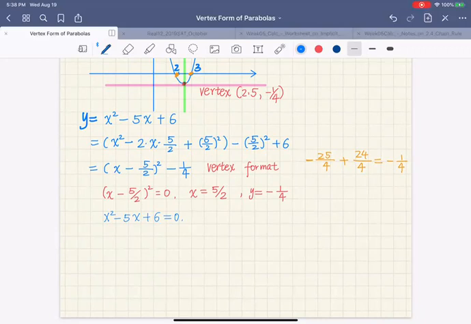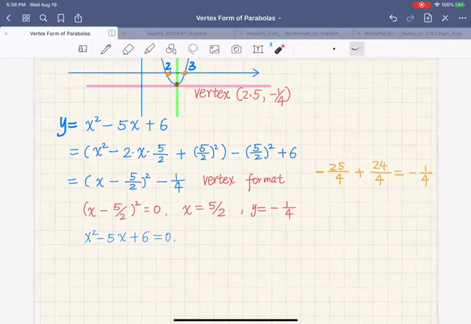If you don't understand, say, I have a question. Can you follow my instruction, please? Yes. Thank you. So previously, we solved this one by completing the square. Now, we are going to do a new format called vertex form. Use the same way as I taught you for completing the square. So let's do this together.